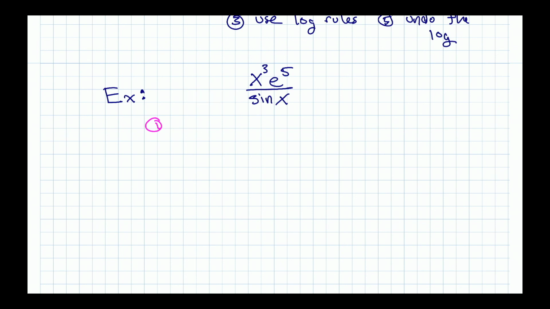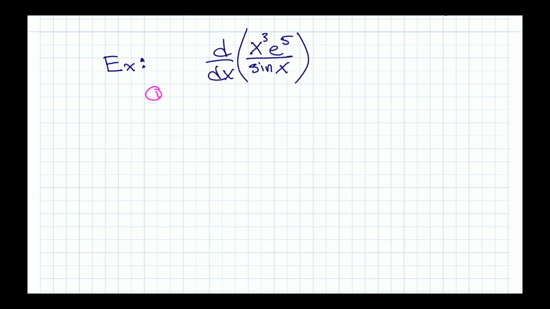Let's say that you're told to evaluate this derivative. You wouldn't be able to do it right away because you do need it written as two sides of an equation. So if necessary, add y equals, basically.